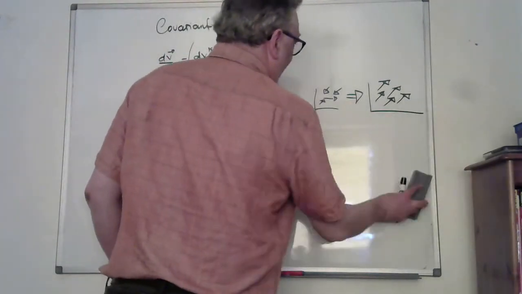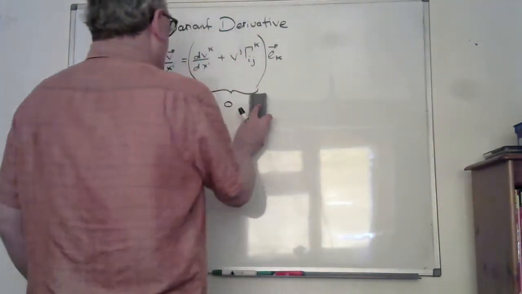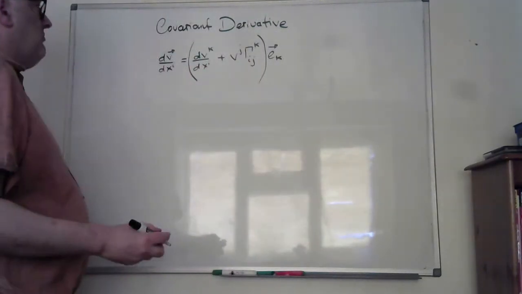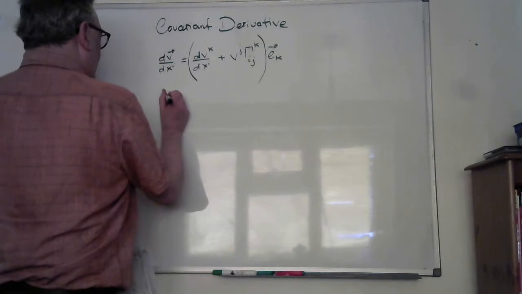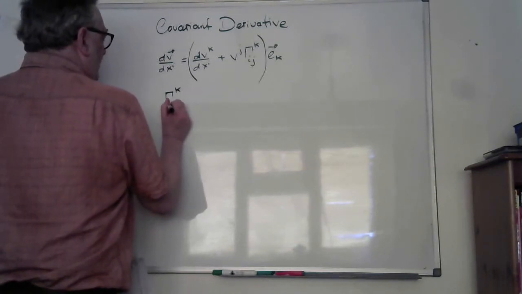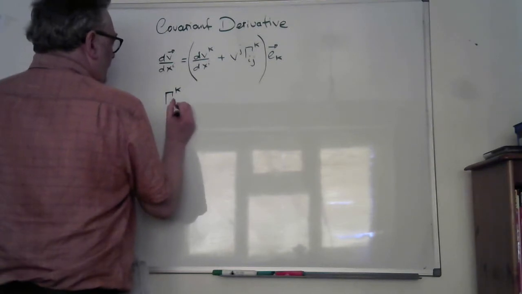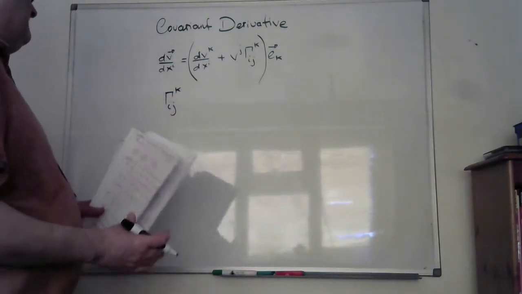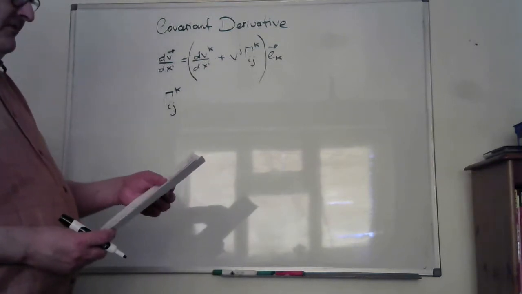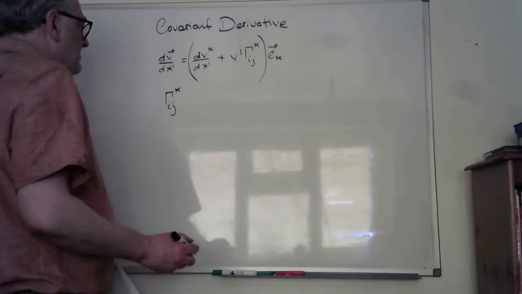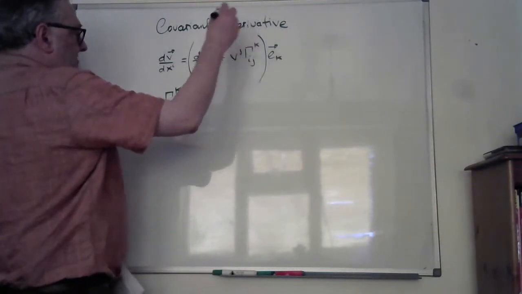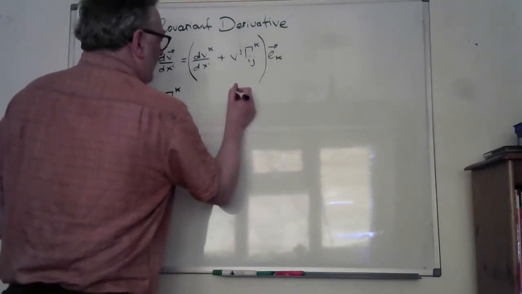Now, I want to say a little bit about the Christoffel symbols before we move on. I've already mentioned these, I think. It's the gamma superscript K subscript IJ. Now, there's actually a number of things to say about these. What we find when we start working out these Christoffel symbols is that we get a number of them.